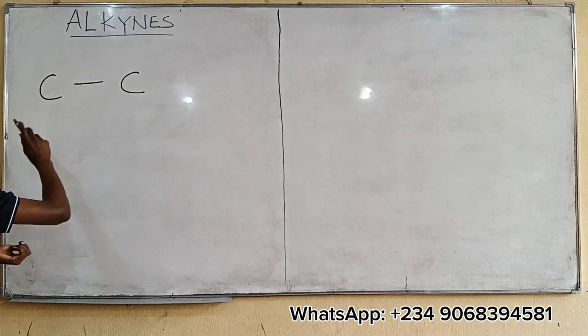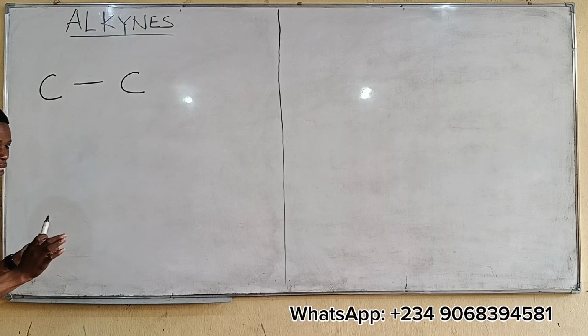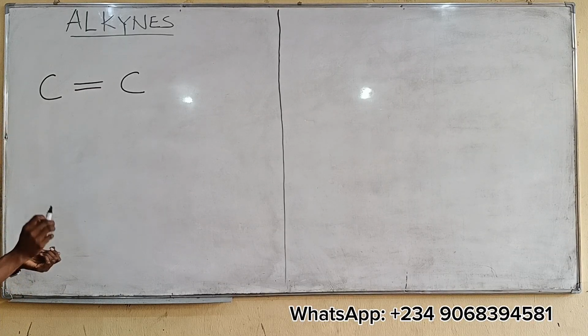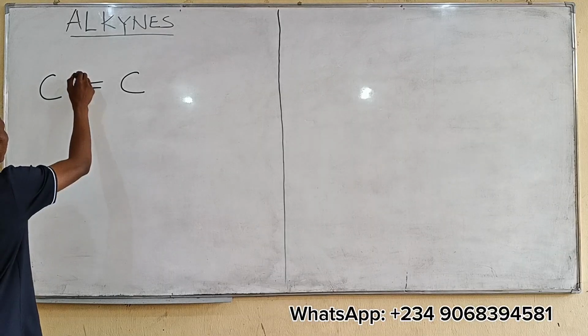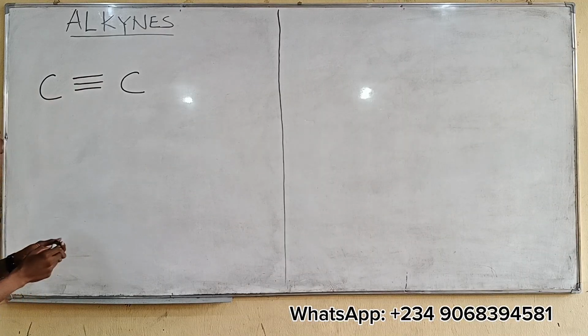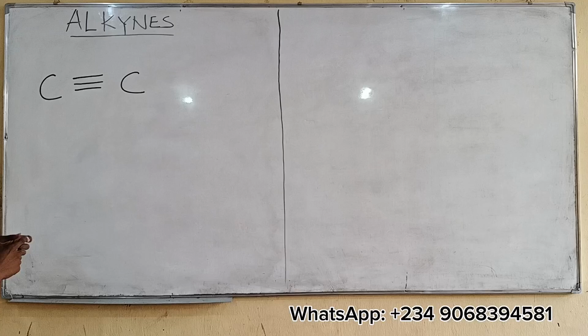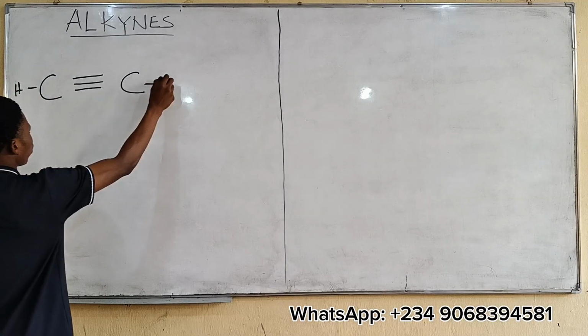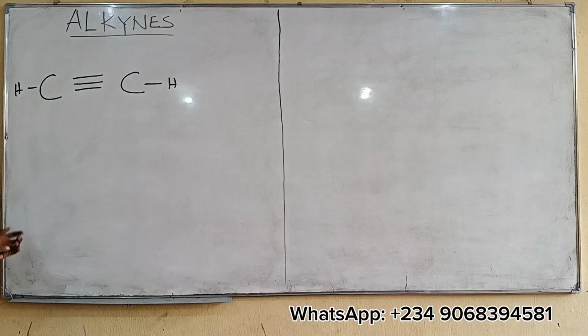If it's single bonds throughout, that is an alkane. If it is a double bond, that is an alkene. But if we have at least a triple bond, then that is an alkyne. I know carbon must be tetravalent, so we have to add one more hydrogen. Now this is how our alkyne is.